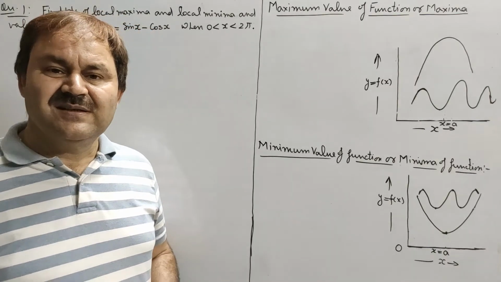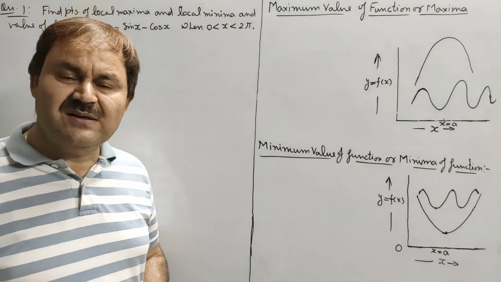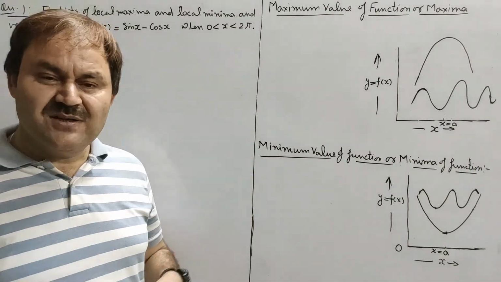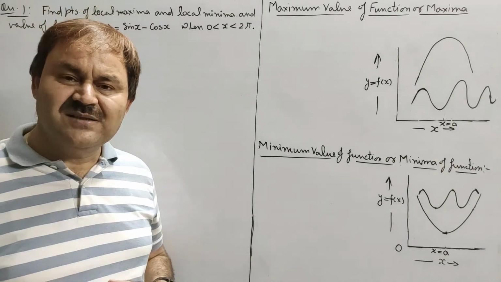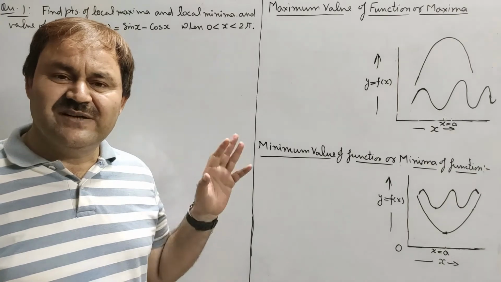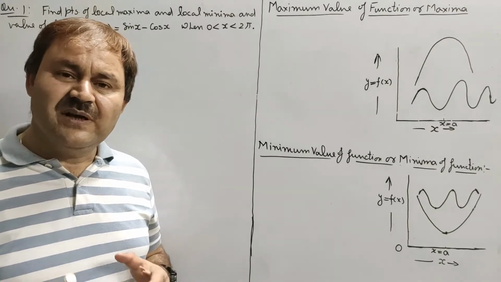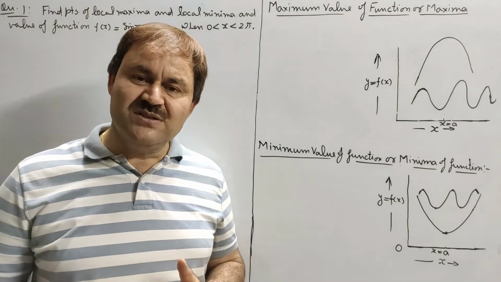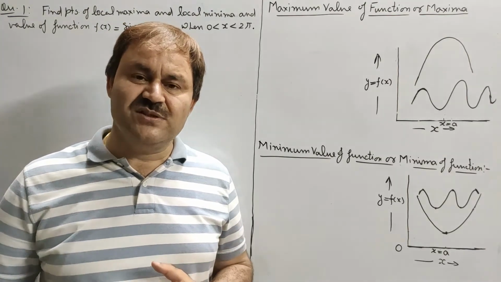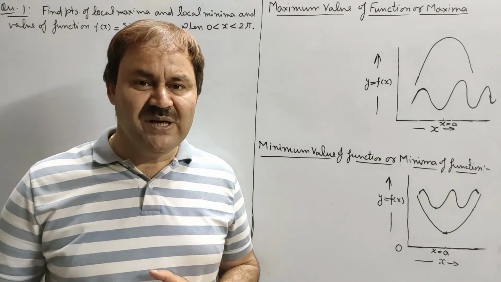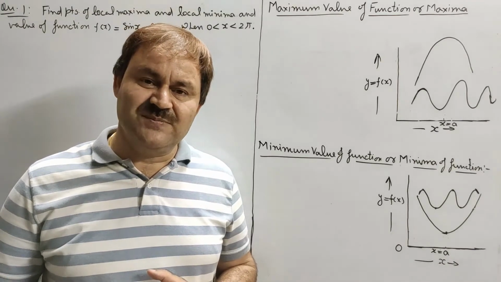Hi friends, in the first part of the video related to maxima and minima, we understood how to determine the maximum and minimum value of a function using the definition of the function. Now we will learn how to use calculus, that is differentiation, to determine the maximum and minimum value of the function.